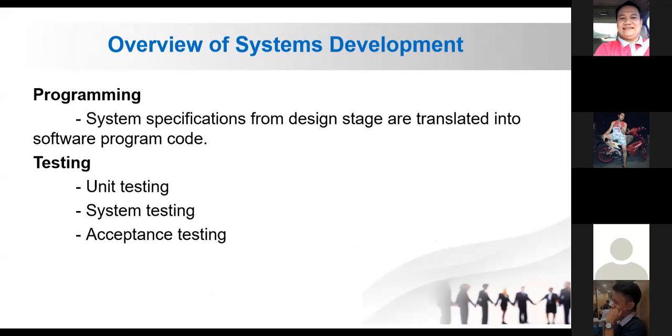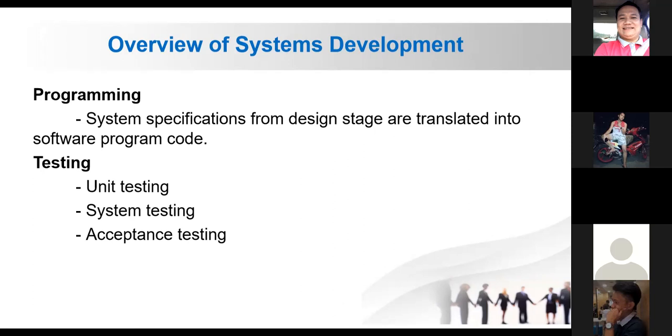Testing. Thorough testing must be conducted to confirm the system produces the right result. Testing an information system involves three types of activities: unit testing, system testing, and acceptance testing.